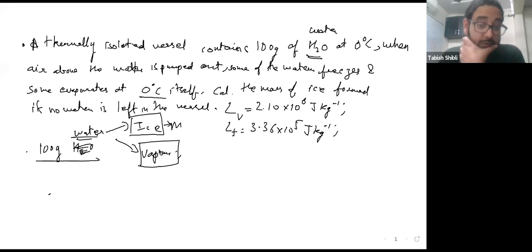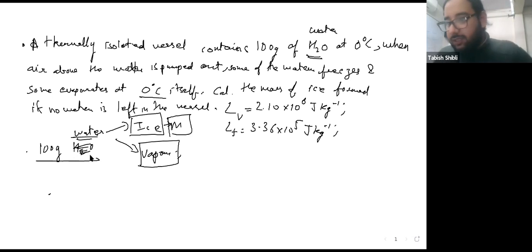Okay, yes, so sorry for that. So let's say there is some mass m of ice that is formed. तो मास m अगर आइस का फॉर्म हो रहा है तो बाकी जो है वो वेपर फॉर्म कर रहा है, राइट? So 100 minus m is forming vapor, and so how much energy is being released by forming ice?